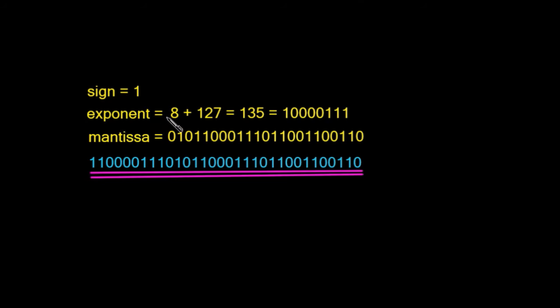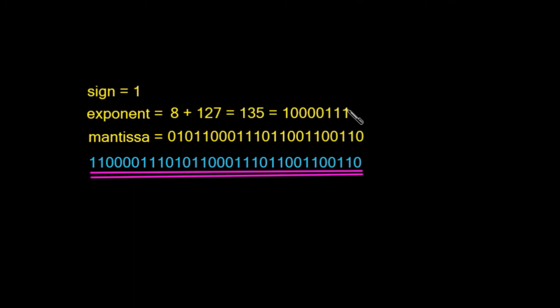But we've still got to add on the bias of 127. So this will finally give us the value of 135. Now 135 in binary is 1 0 0 0 0 1 1 1. So that's us got our sign and we've got our exponent.